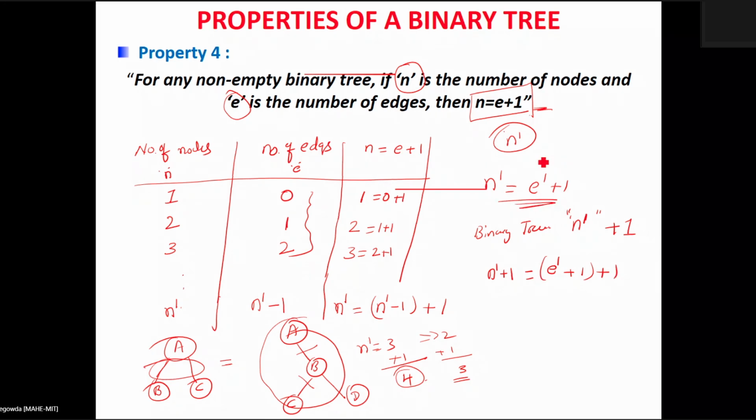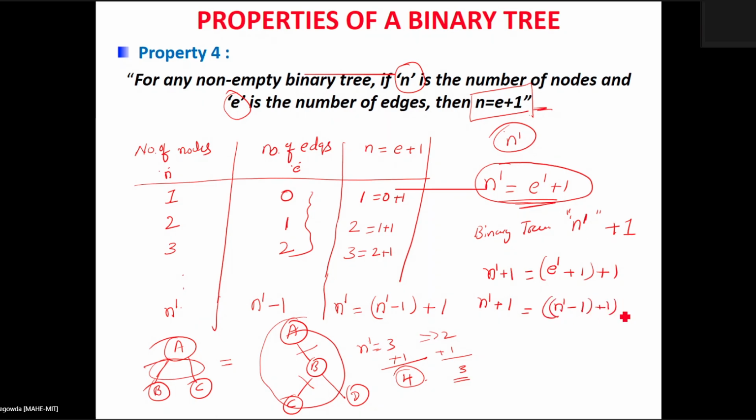According to the given definition, I can write the equations for n' number of nodes. For n' number of nodes, I have the relationship n' is equal to E' plus 1. If I add one more node to that, the number of edges also increases by 1, so I'll write this as E' plus 1 plus 1. Then I'll write this as n' plus 1 is equal to n' minus 1 plus 1 plus 1.